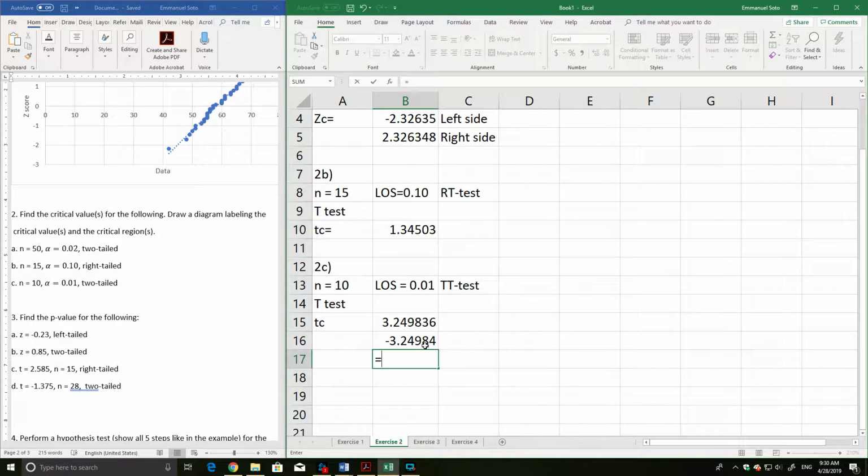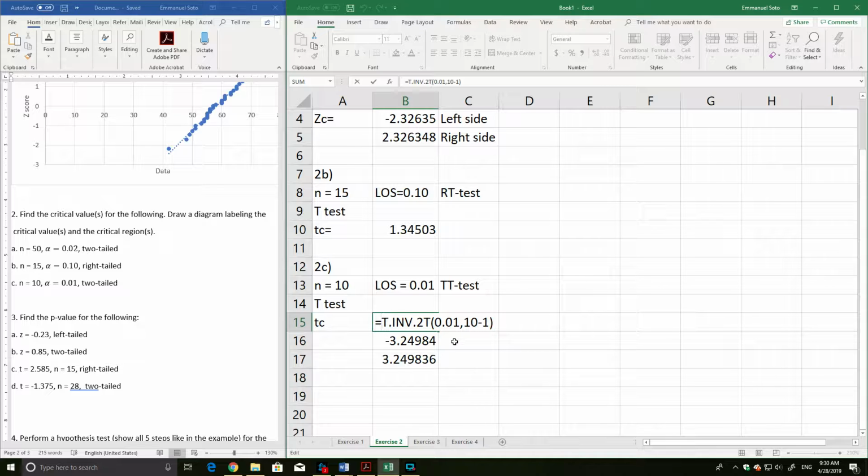Then you would repeat this for 1 minus alpha divided by 2, and then the degree of freedom, and that will give you the positive version. So you can either use the regular inverse function, remember to divide by 2, or you can use the two-tailed version, and then you don't have to divide by 2.